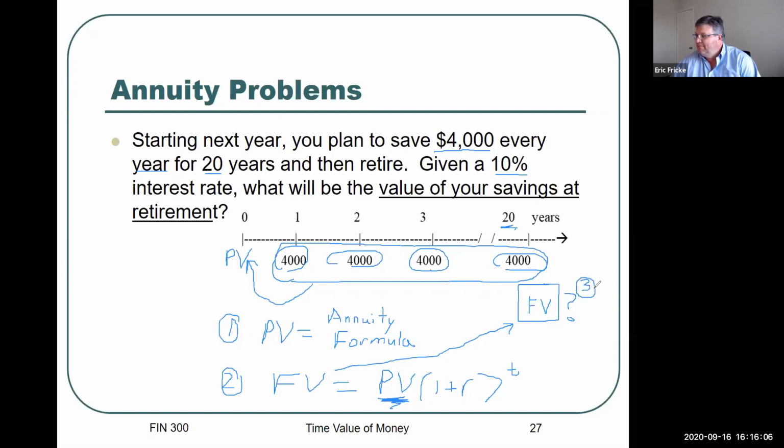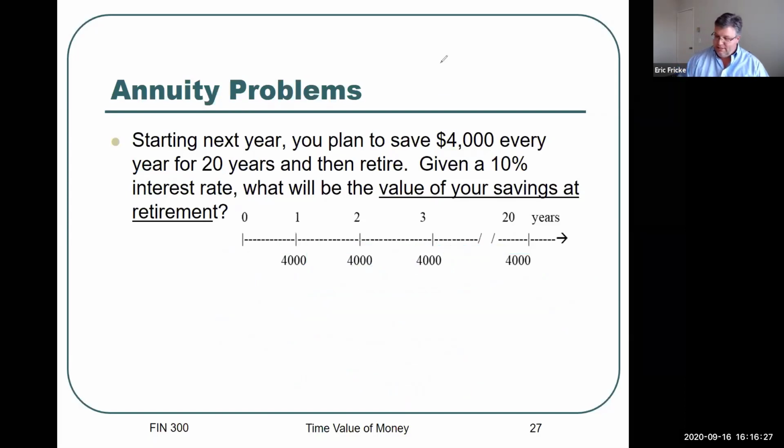How much money do we have in 20 years? So it's not a simple problem because we had to use a couple steps to get to the final answer, but we've got all the tools to do that. All right, so that's the strategy of how we're going to solve this. Let's go and see how the solution looks.